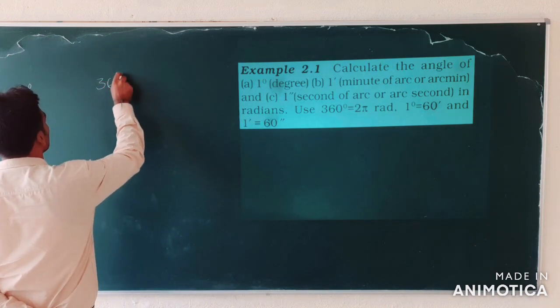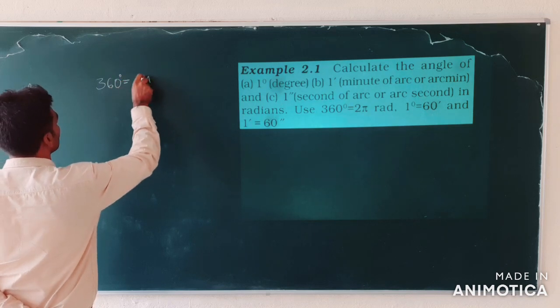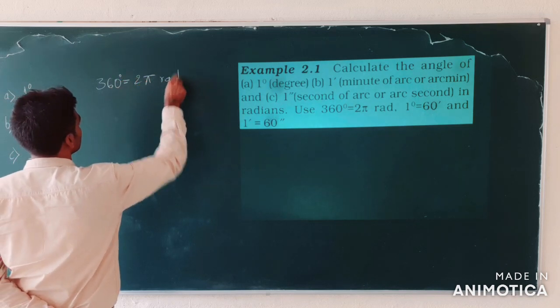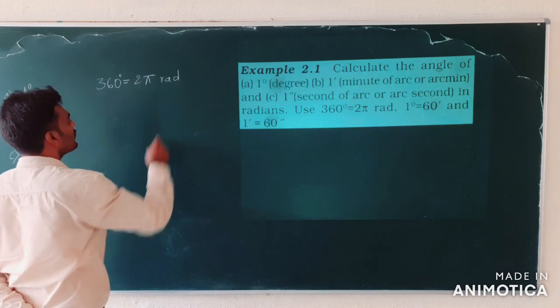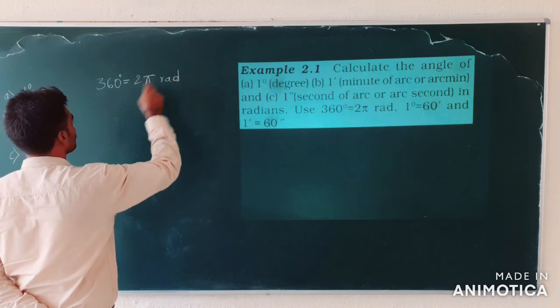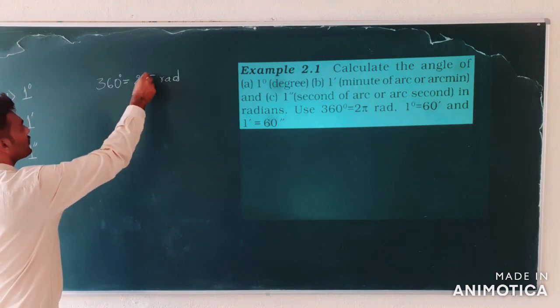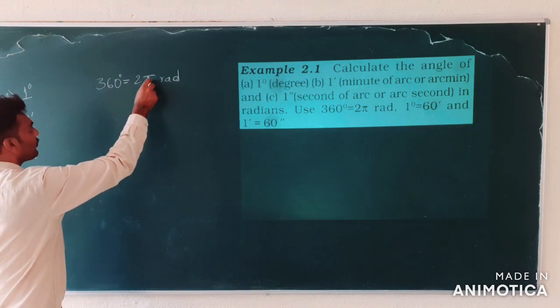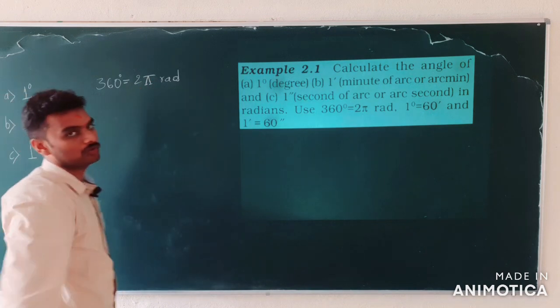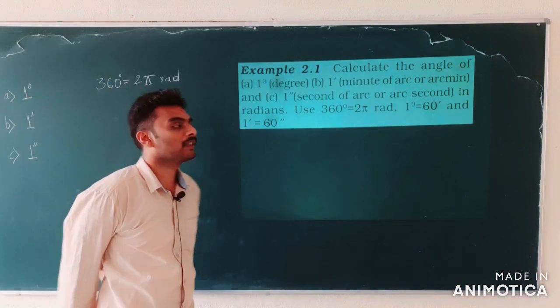We all know that 360 degree is equal to 2 pi radians. So what is 1 degree equal to? Here pi represents 3.142 or 22 by 7.